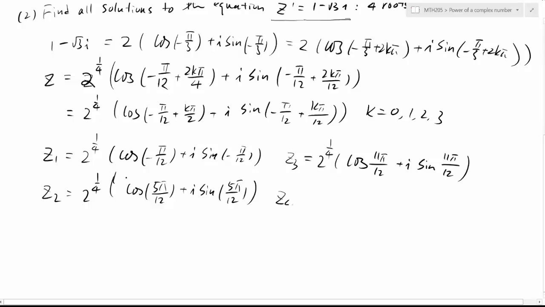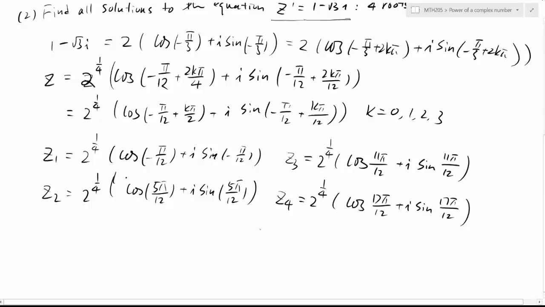So look at z4. z4 is going to be 2 to the power 1/4 and cosine. Now when k is equal to 3, we have 3 pi over 2 minus pi over 12. So we have cosine 17 pi over 12 and plus i sine 17 pi over 12. But we notice now this value is greater than pi, so it's no longer in the principal value range.